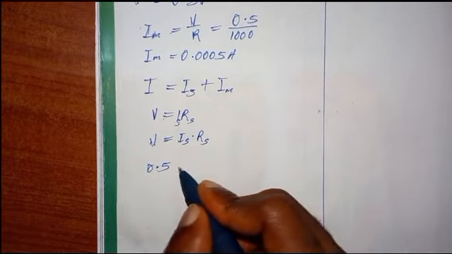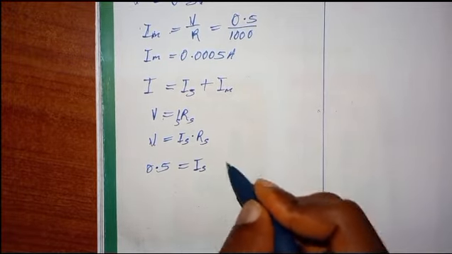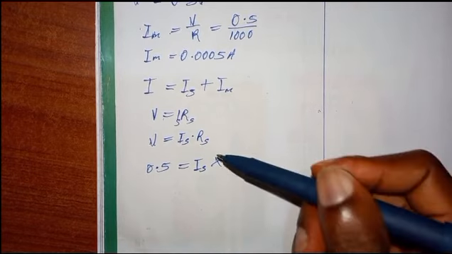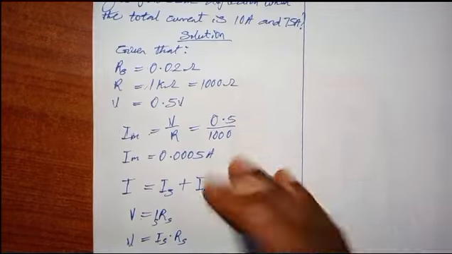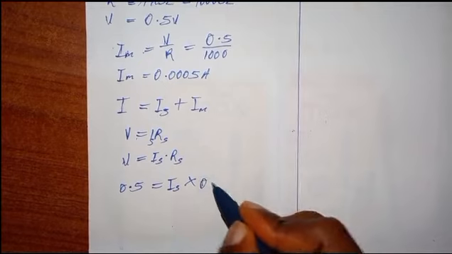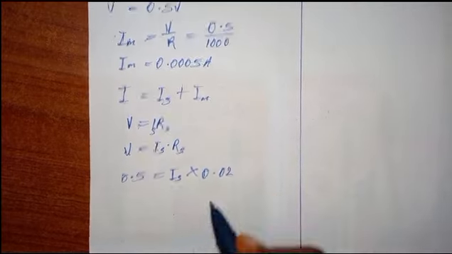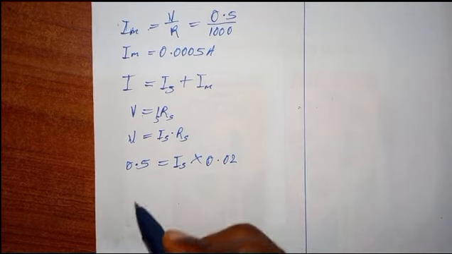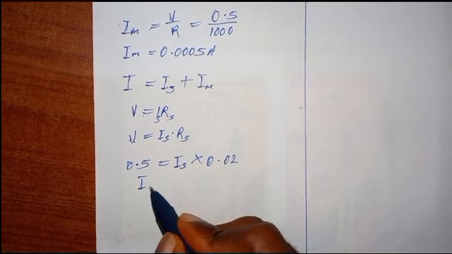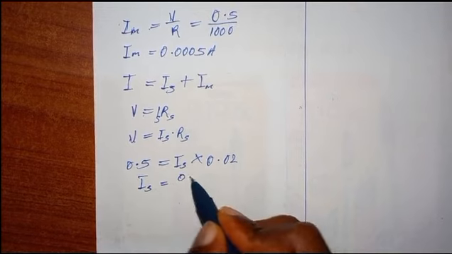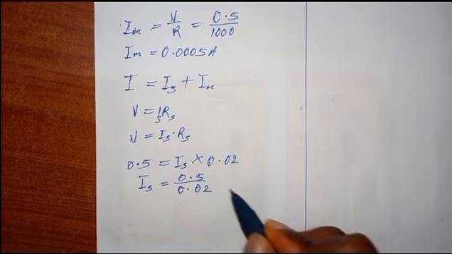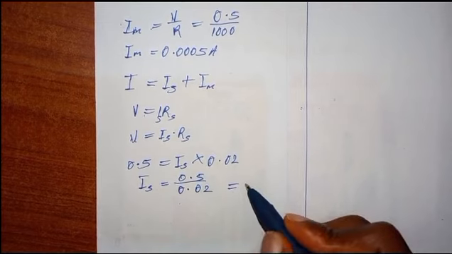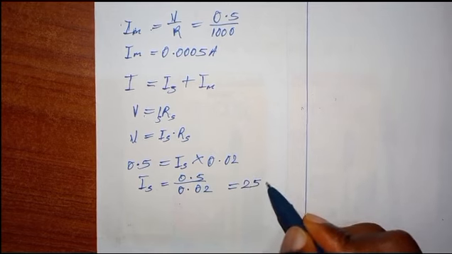We don't know Is. V equals Is times R, where the shunt resistance is given to be 0.02. So make Is the subject of the formula. Then you have Is equals 0.5 divided by 0.02. That will be 25 amp.